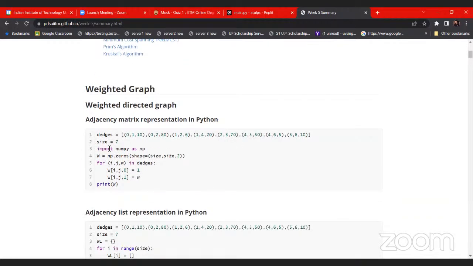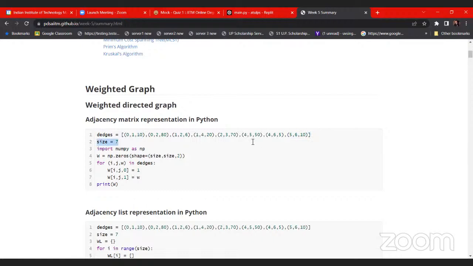So for example, here some edges are given. This is for the directed weighted graph. Here the first value is the source vertex where the edge is coming from, the second is the target vertex, and the third value represents the weight on the edge.